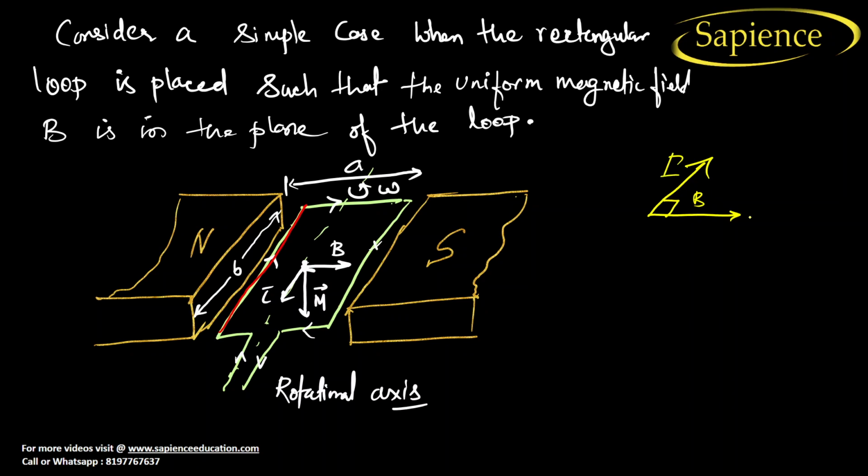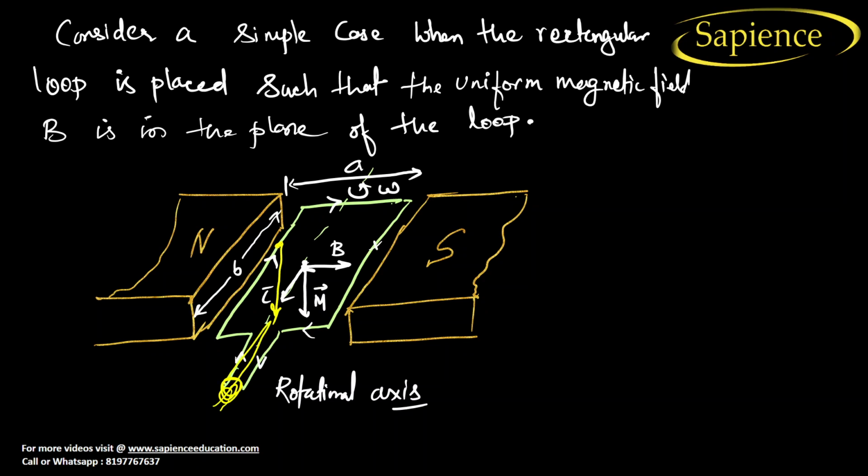If you put your left hand fingers in the magnetic field and current directions, you will find a force which is acting downward. So let us suppose the force acting on this side is downward. So on this loop the force is acting downward, and this is our rotational axis.